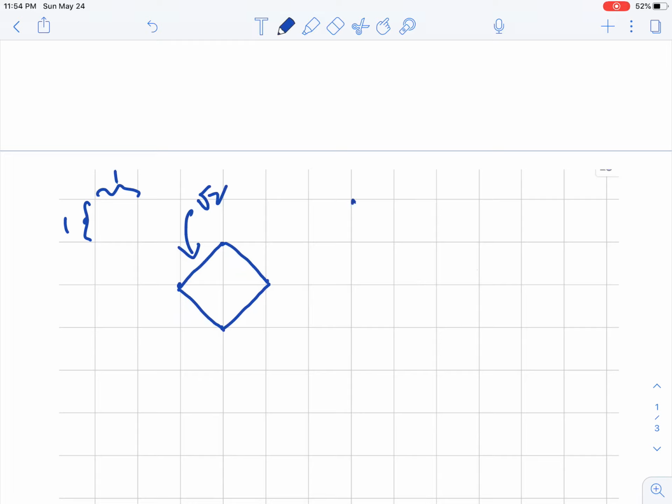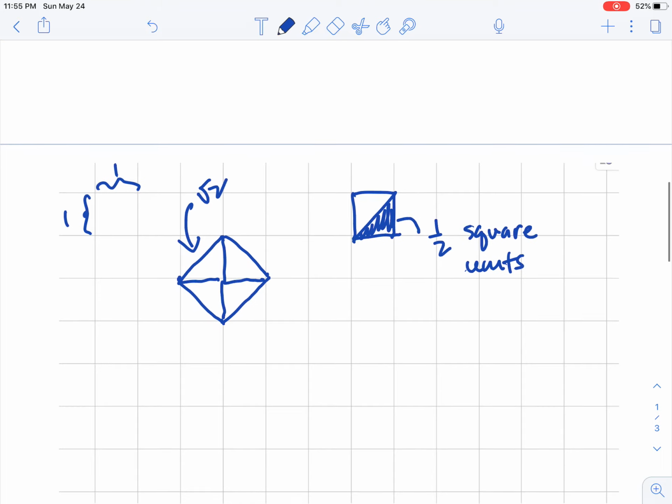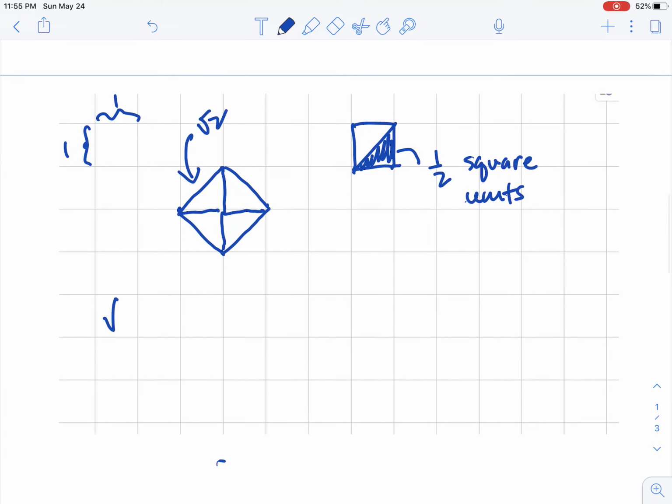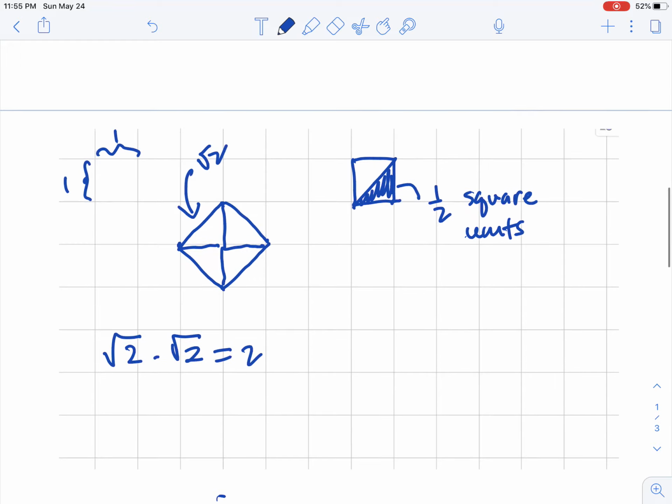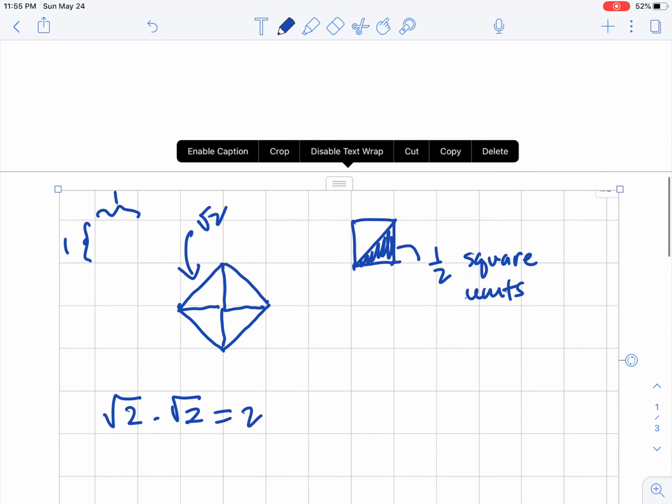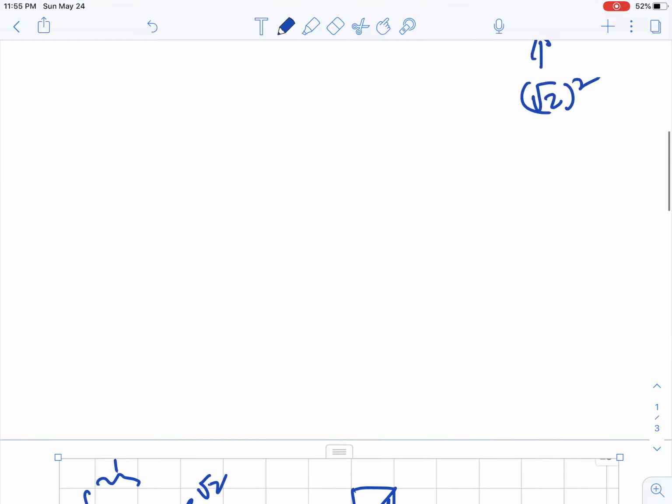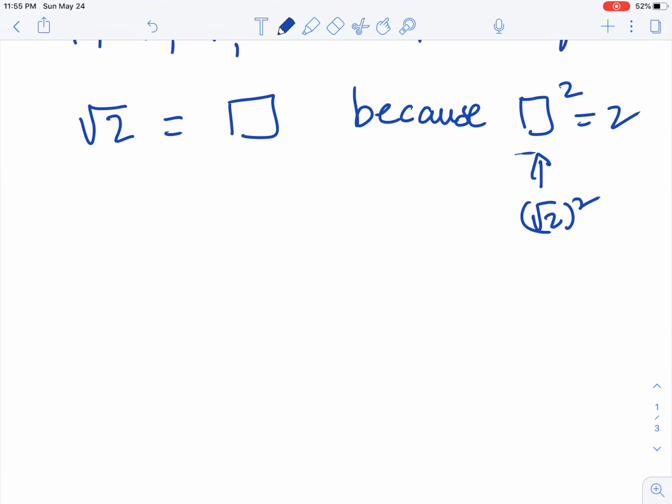And since ito ay 1 unit, meaning ang kalahati niyan ay 1/2 din, 1/2 square units, no? And ibig sabihin, meron tayong 4 na 1/2, meaning the area is equal to 2. So this is one of the geometric representations that square root of 2 times square root of 2 is equal to 2. Okay? Pero this representation does not answer our question na ano ba yung square root of 2.